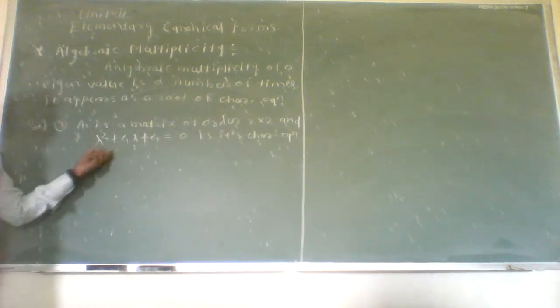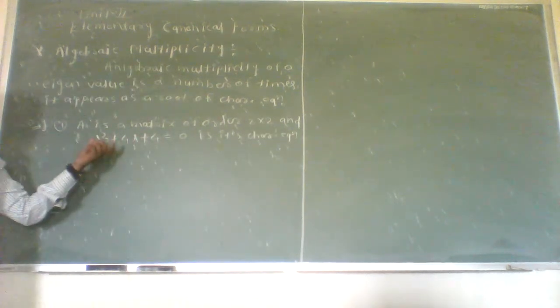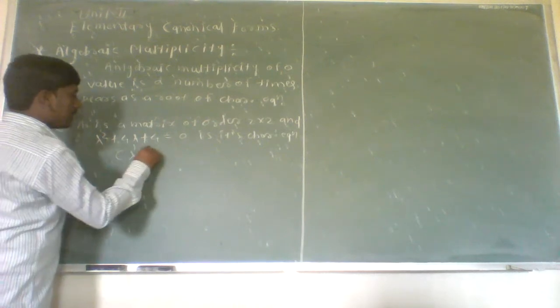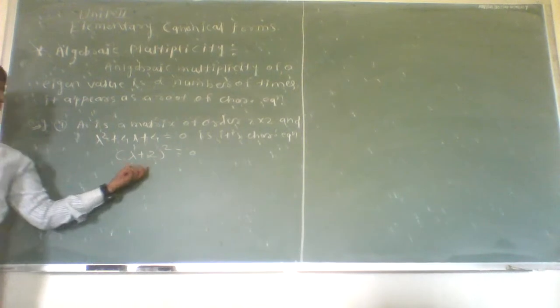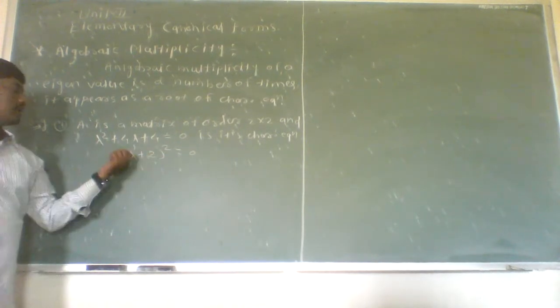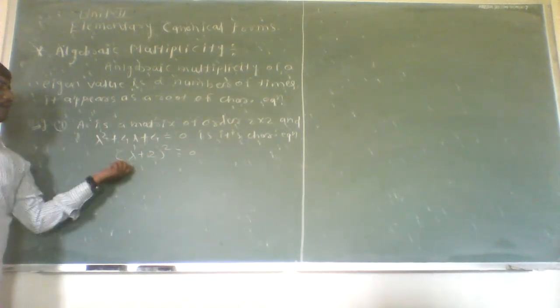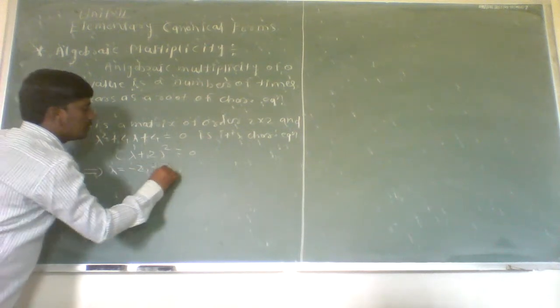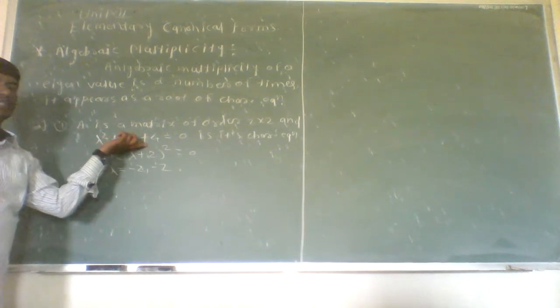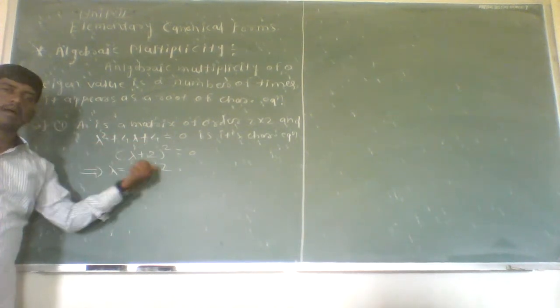Now, this lambda square plus 4 lambda plus 4 equal to 0 is actually nothing but (lambda plus 2) square equal to 0, since (a plus b) square is a square plus 2ab plus b square. So lambda is minus 2 comma minus 2. The given characteristic equation has only one root, which is minus 2.